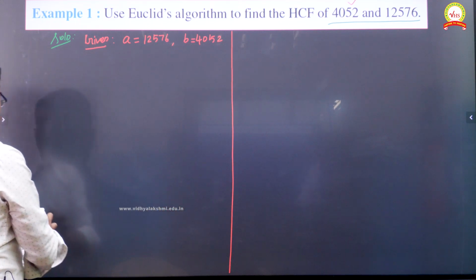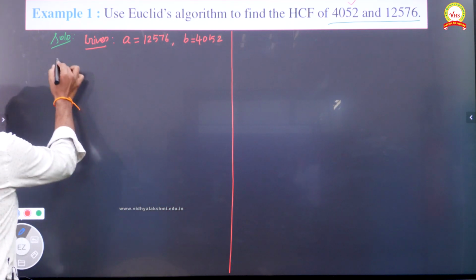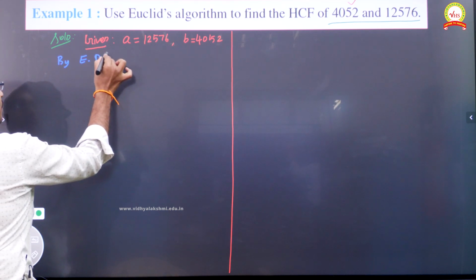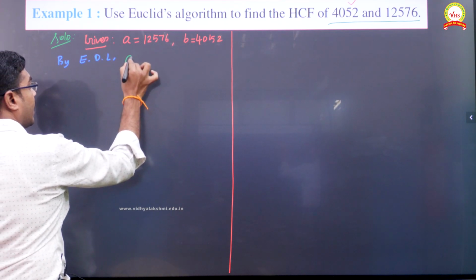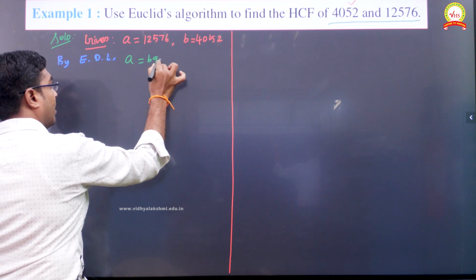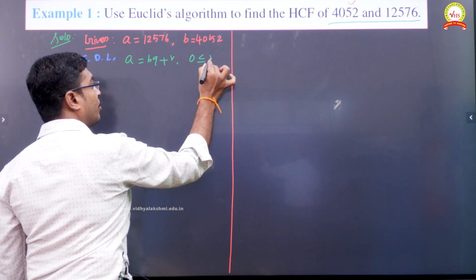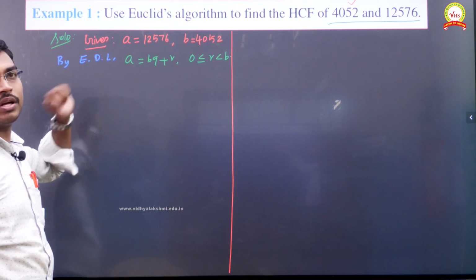Okay. By using Euclid division lemma, the formula is A equal to BQ plus R, remainder 0 less than or equal to R less than B. Am I right? So substitute the values.